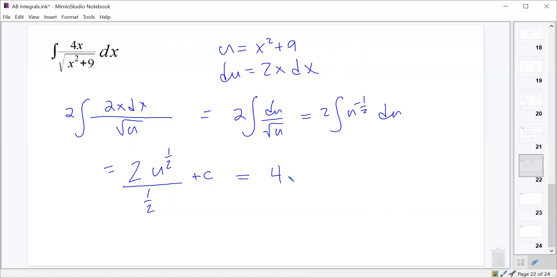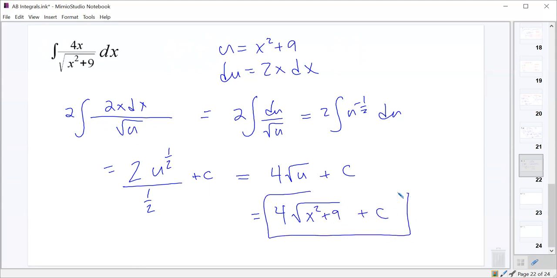So this ought to become 4 root u plus our constant, which is 4 root x squared plus 9 plus our constant. Good or no? Good. All right, cool.